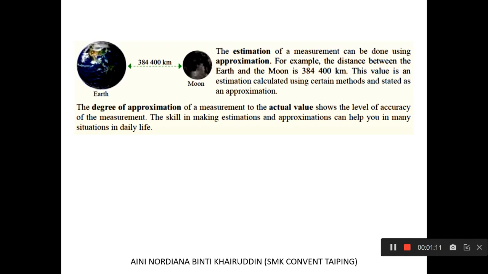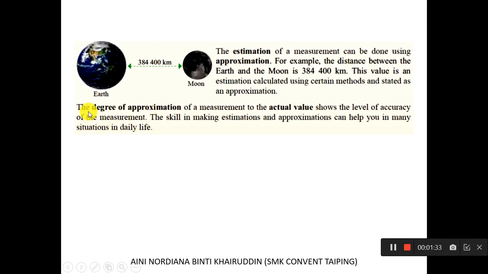For example, the distance between the Earth and the Moon is 384,400 kilometers. This value is an estimation calculated using a certain method and stated as an approximation.